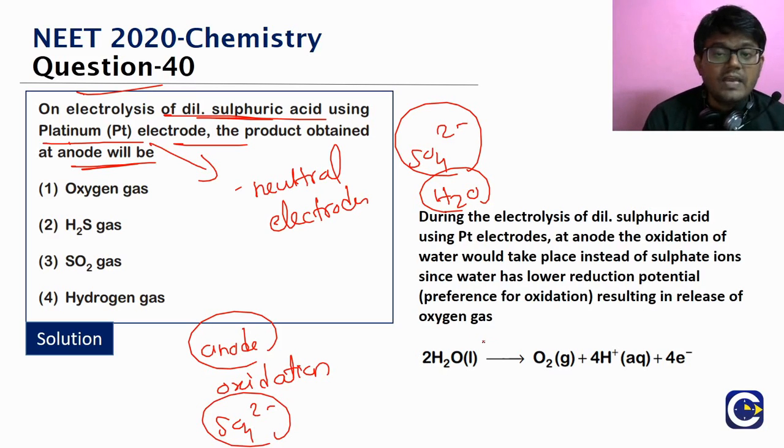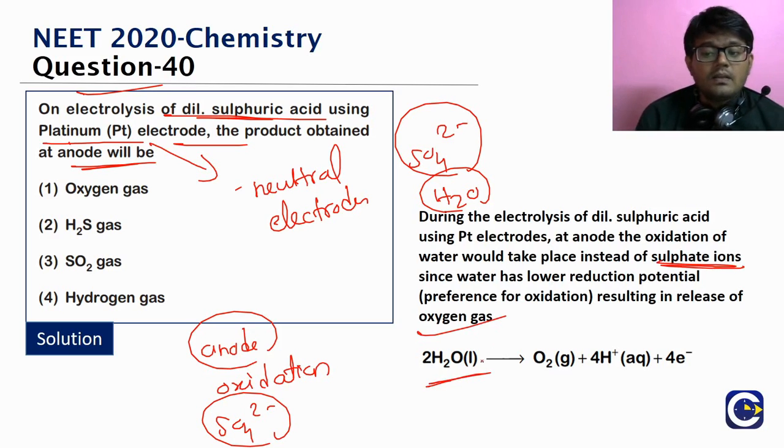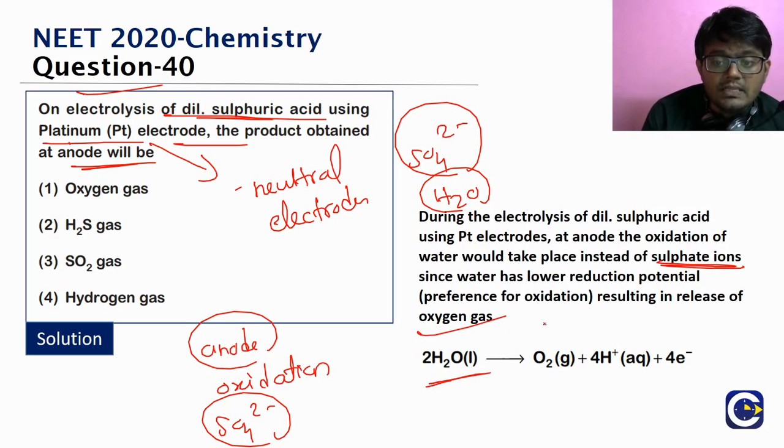If there are multiple species available at the anode, whichever has a lower reduction potential will easily undergo oxidation, so that gets oxidized in preference. Here, instead of sulfate ions, the water will undergo oxidation, because the reduction potential of water is lower than that of the sulfate ions.